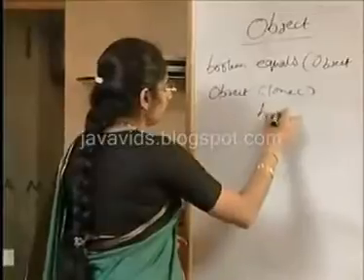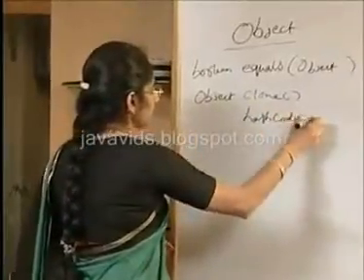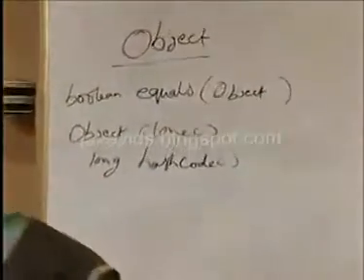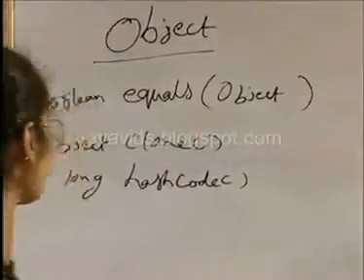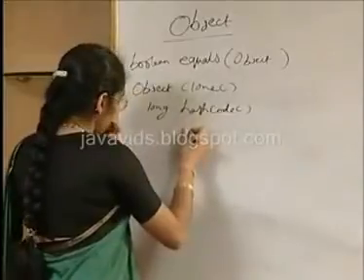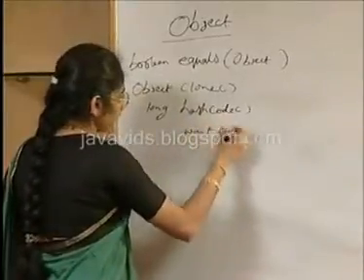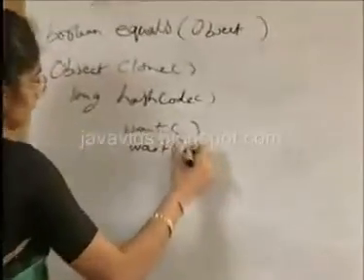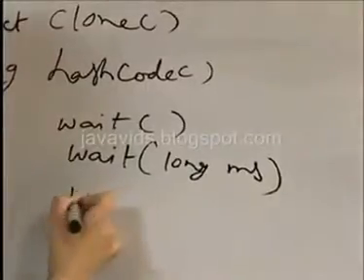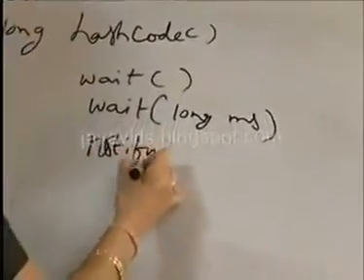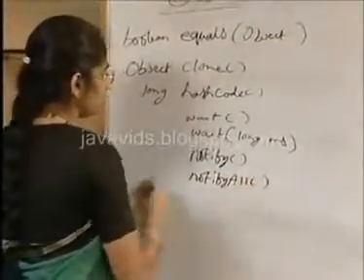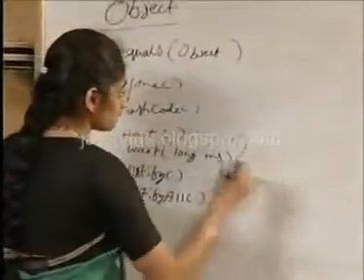We have the hashCode method, which returns a hash value for an object. We have the wait method, wait of milliseconds, and notifyAll. These methods we will discuss during multi-threading.